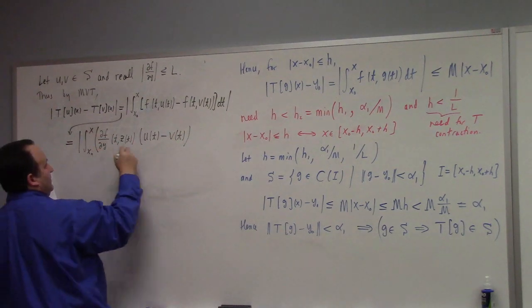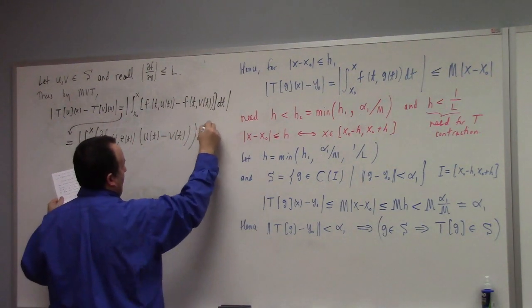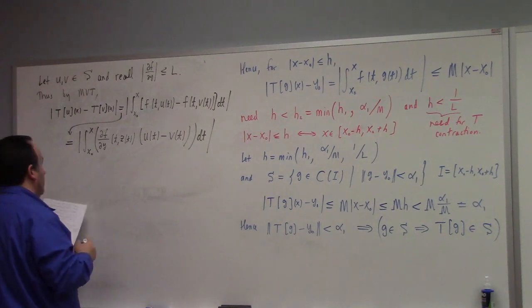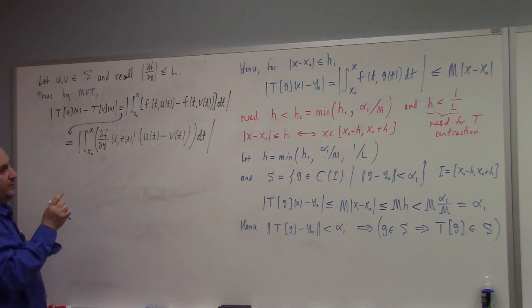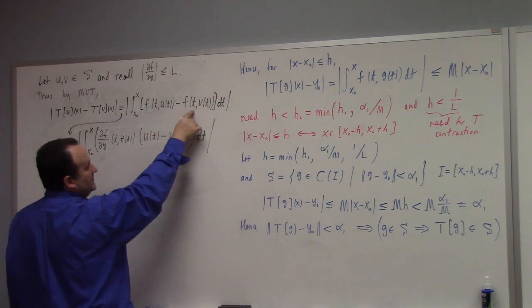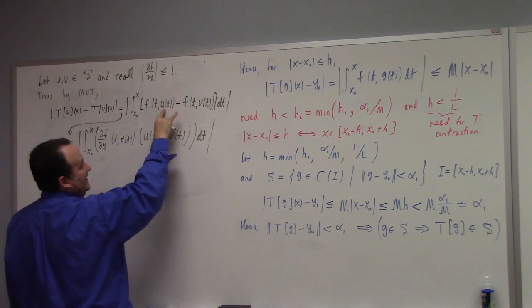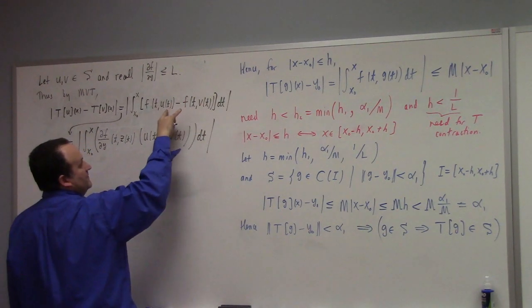And that's all integrated over dt, closed absolute value. This is the mean value theorem step right here. Let me explain what's going on. We're holding t fixed, right? And we're looking at a difference in y values.